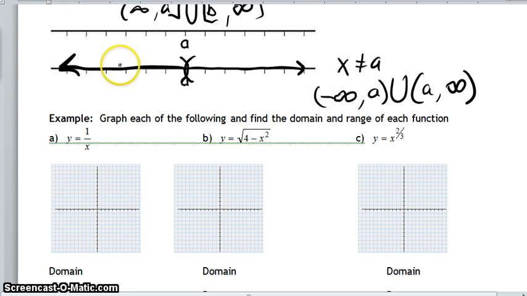Because you're going from negative infinity to A and from A to positive infinity. And this is how it would look in interval notation. So you have to describe your intervals in terms of what bounds them, the boundaries from the two numbers. And these just mean that it increases or decreases without stopping.